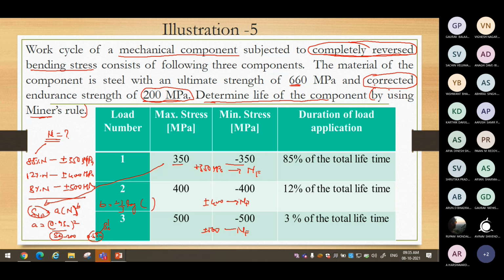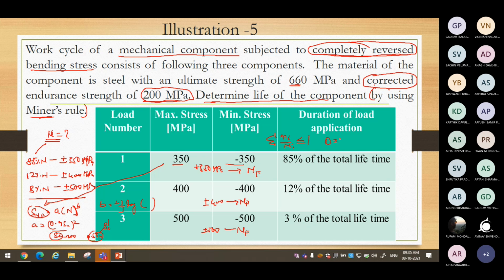It is said to be Miner's rule. What is Miner's rule? Summation of Ni by capital Ni, which is less than or equal to 1. Okay, where i can be any number of cycles for various load cases.